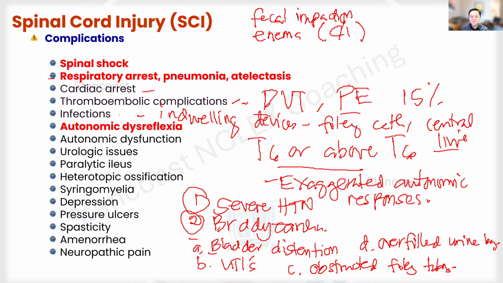Okay, what else? Pressure ulcers can also aggravate. So if they've been in the same position for more than 2 hours, they've been sitting for a while, they haven't been repositioned while sitting on the wheelchair, or let's say they've been lying on the recliner for more than 2 hours, this is actually going to precipitate the autonomic dysreflexia as well.